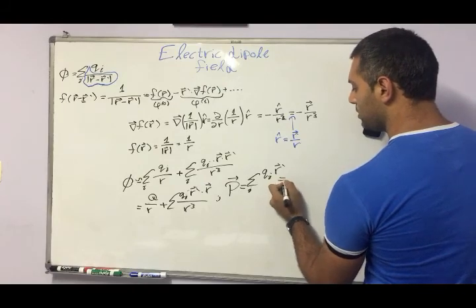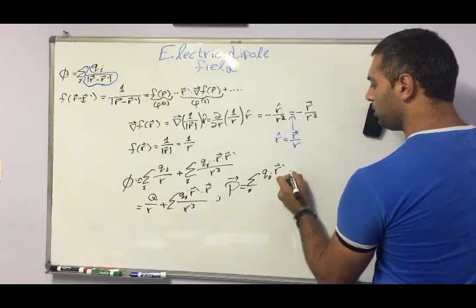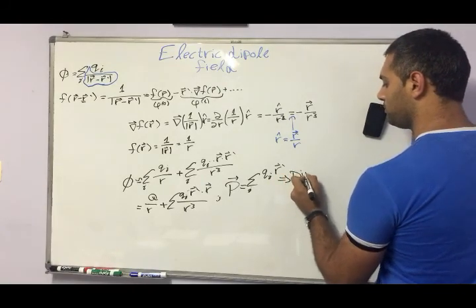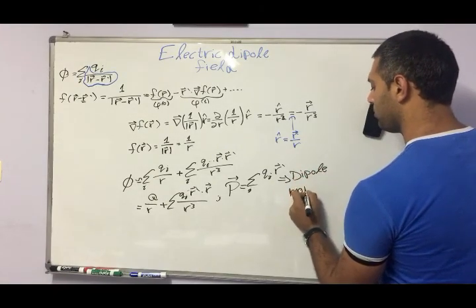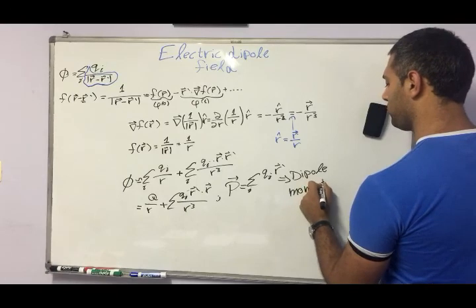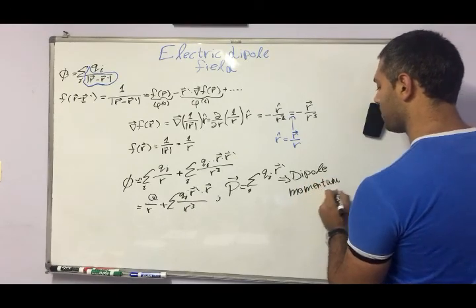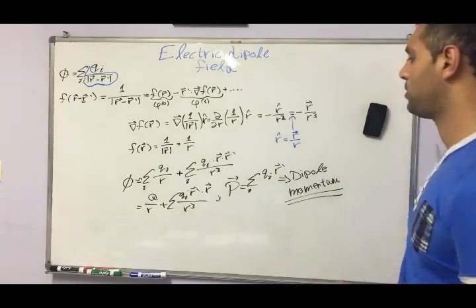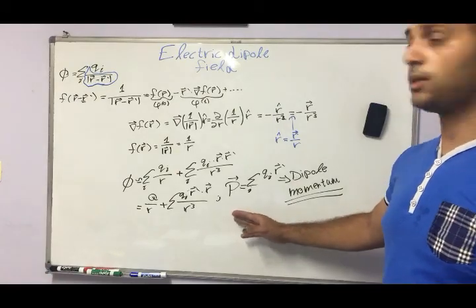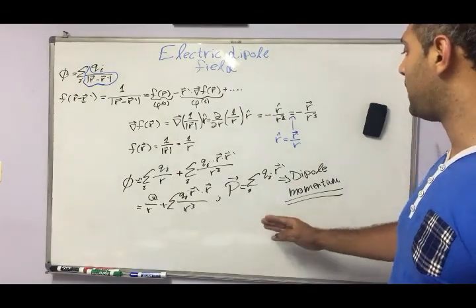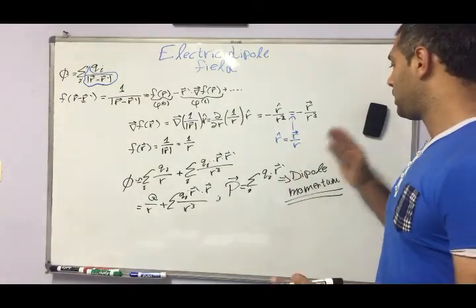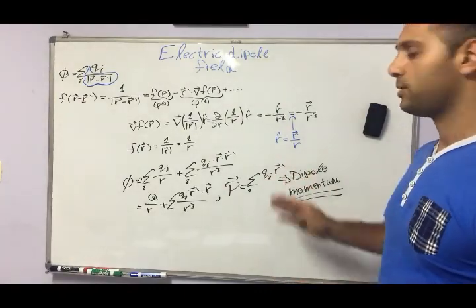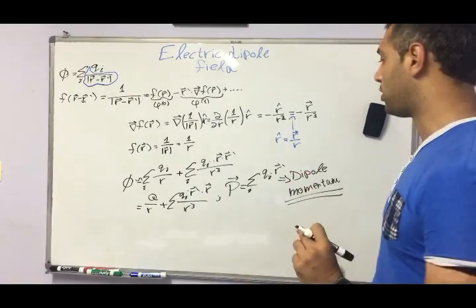And this is the dipole momentum. This vector actually is the dipole momentum. We just define it as the summation over all the charges multiplied by the distance of every charge.